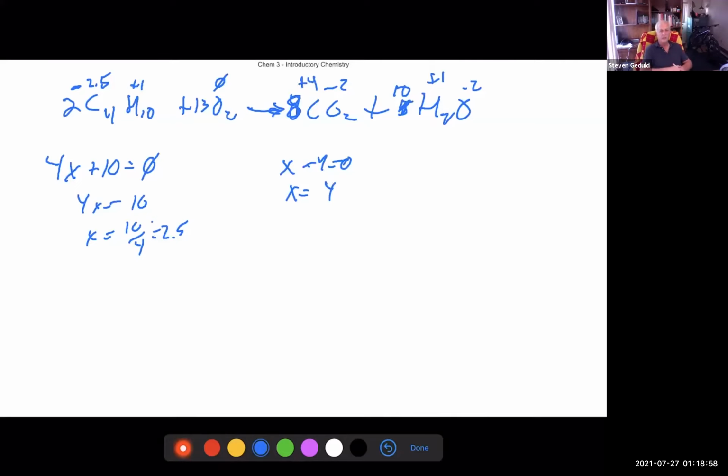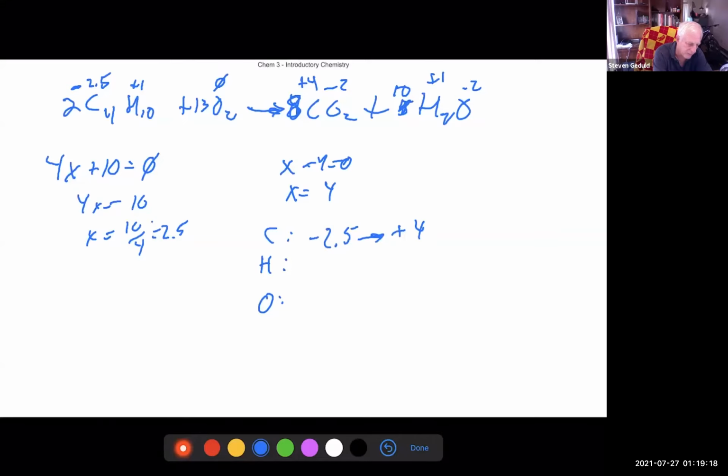Okay. Compare them. Let's do carbon, hydrogen, and oxygen. Those are our 3 elements. Carbon went from negative 2.5 to +4.